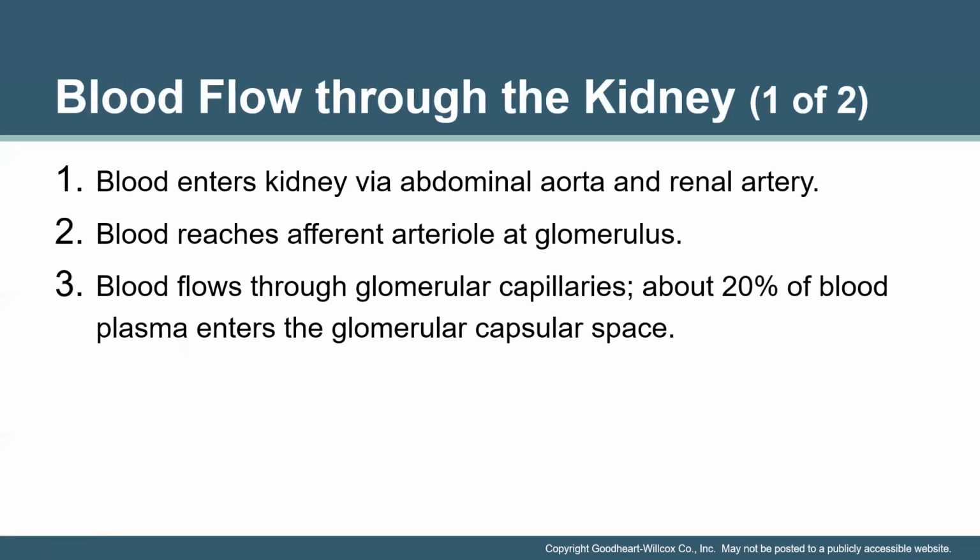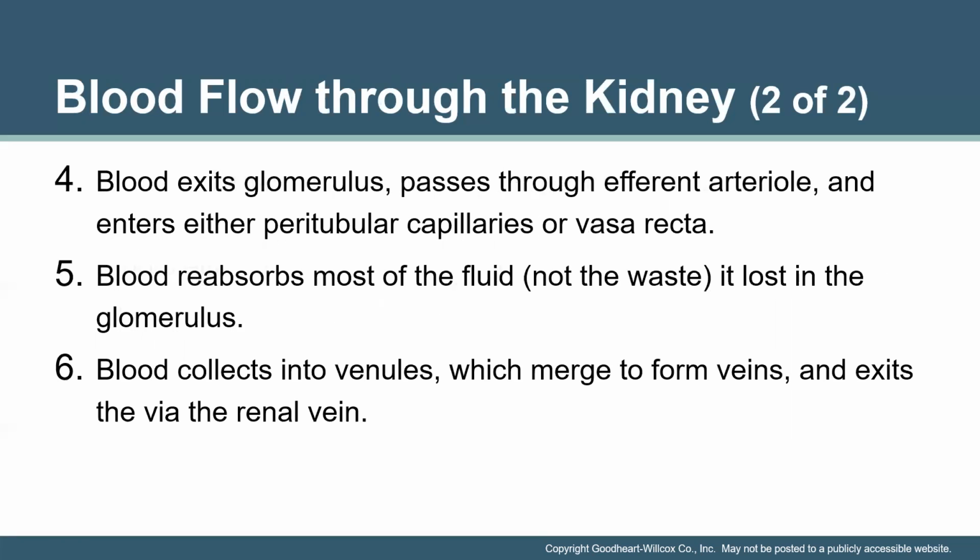Now, how blood flows through the kidney. The blood will enter the kidney via the abdominal aorta, then enter the renal artery. It will reach the afferent arteriole at the glomerulus, meaning it's bringing blood into the glomerulus. Then the blood will flow through the glomerular capillaries. About 20% of the blood will enter the glomerular capsular space.